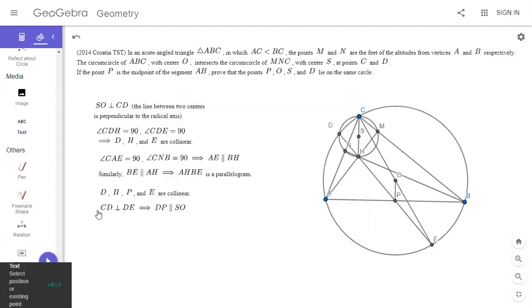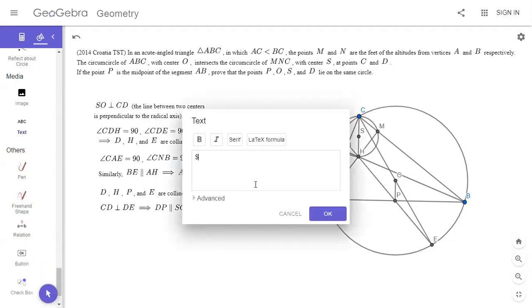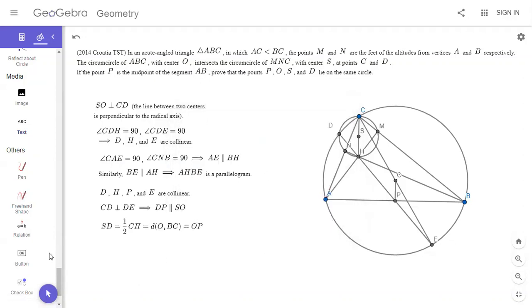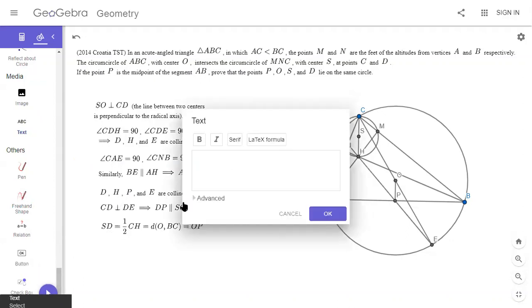And then we also have SD is half of CH, which is OP. That's by the well-known fact that I mentioned. So that's the distance from O to BC, which is OP. And so DSOP is an isosceles trapezoid.